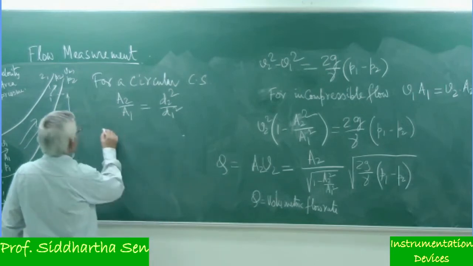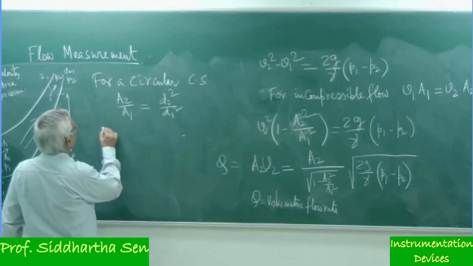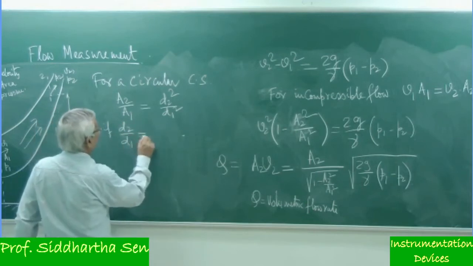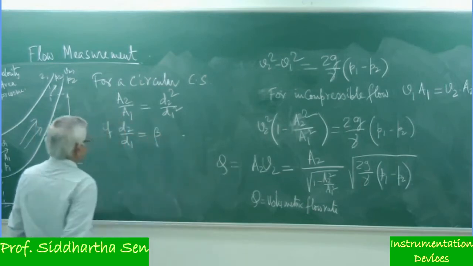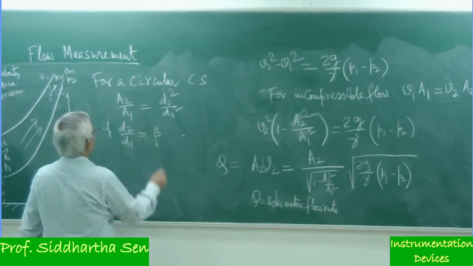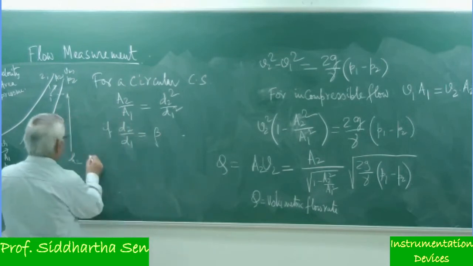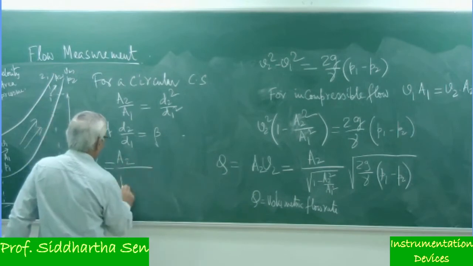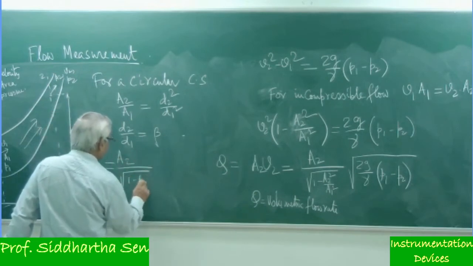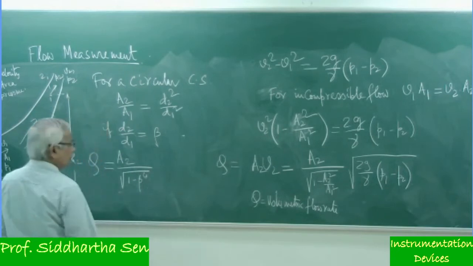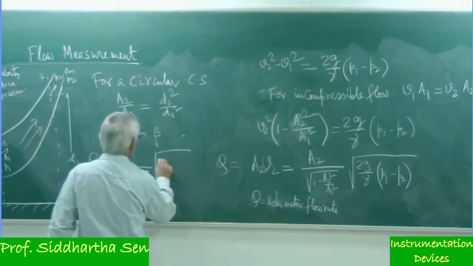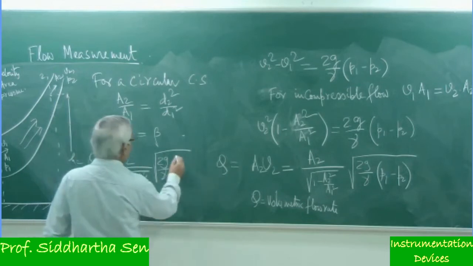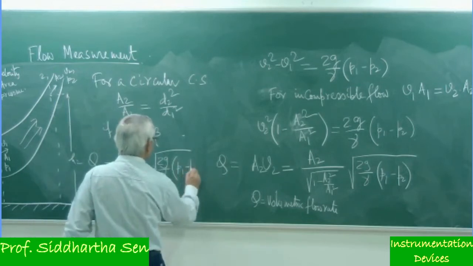If D2 by D1 is denoted as beta, then the value of Q is equal to A2 divided by root over 1 minus beta to the power 4, into root over 2G by gamma, that is basically 2 by rho into P1 minus P2.